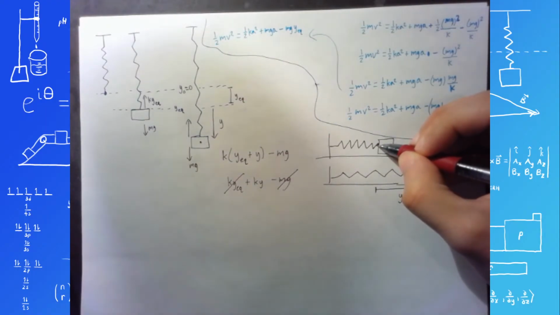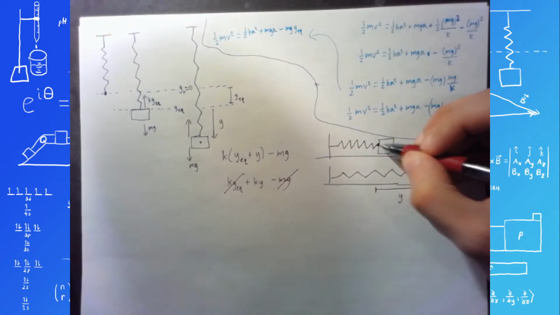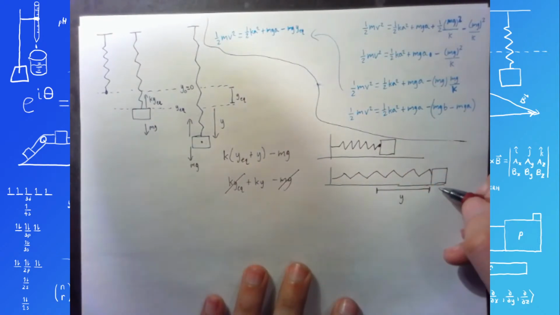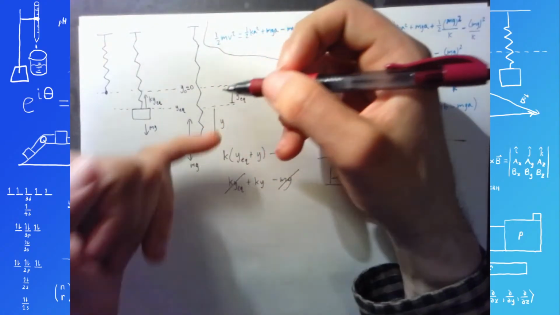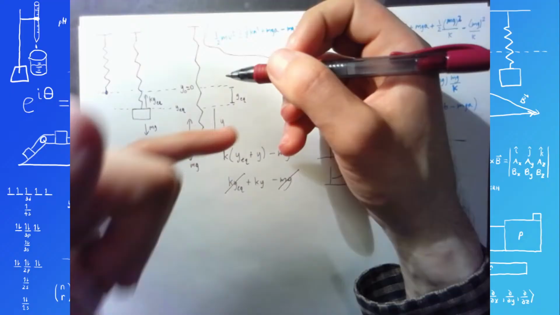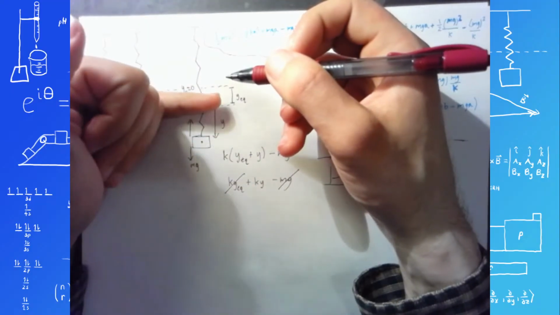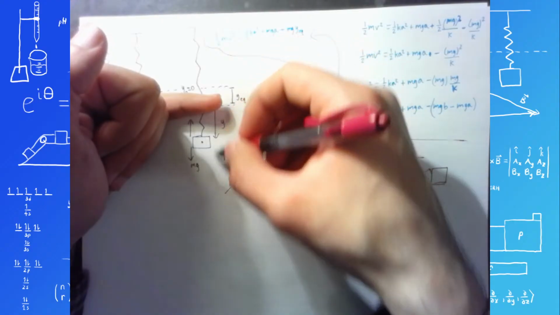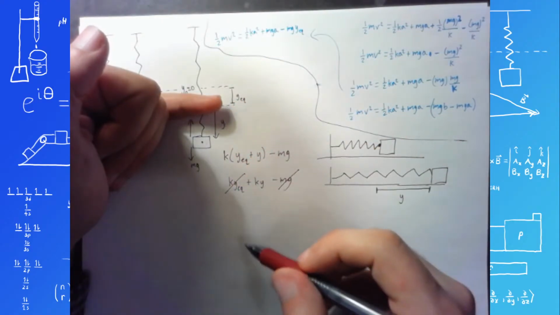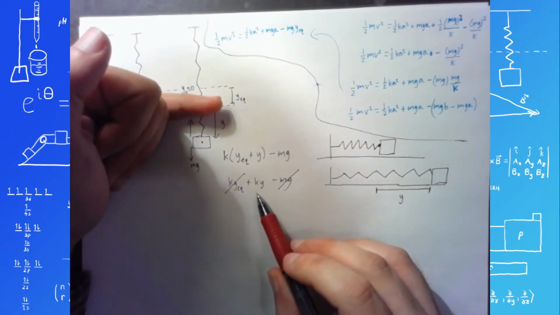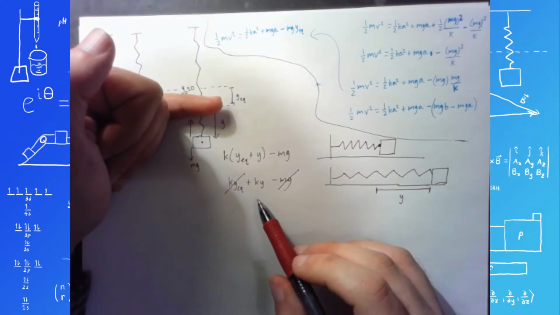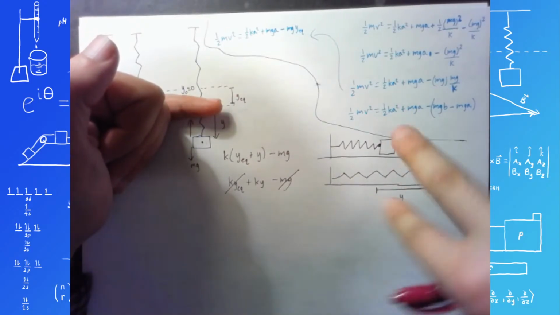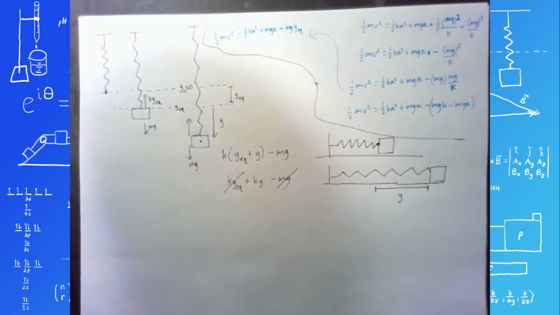If over here the net force starts at 0 and then you pull it y meters to the right, then there's going to be a net force on it of k y to the left. This is basically the same idea. If we start from here and we pull by y meters downward, then we have a net force upward of k y. It's basically this situation just rotated 90 degrees.